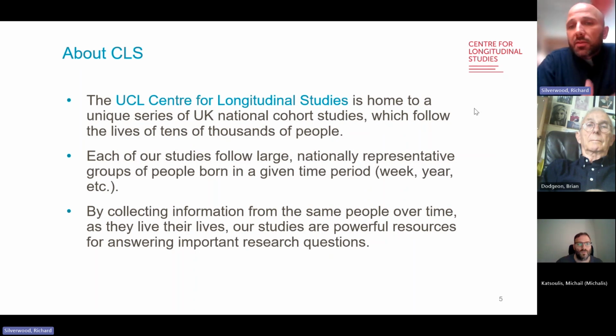So survey methods research to help us implement our own studies in the best way possible, and statistical methodological research like the work that we're presenting today, with the idea that we can then provide guidance to the users of our data sets to ensure that they're being utilized in the best way possible.